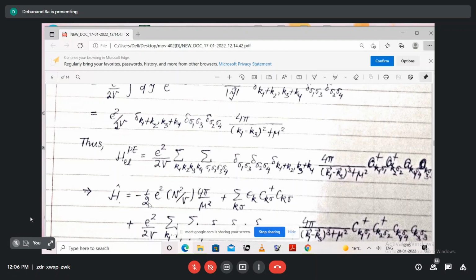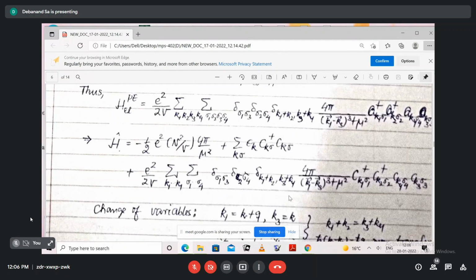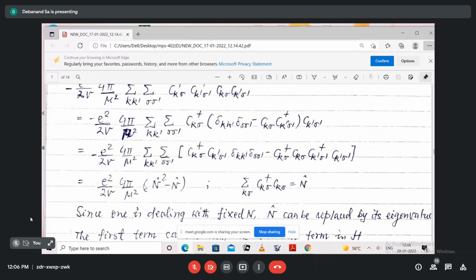So then what I did was, I changed the variable of this, and then I wrote it down properly, and then I took the q equal to 0 part. And q equal to 0 part का एक term इससे cancel हो जाता है. That is n square minus n है वहाँ. I'll show you. So see, this n square, e square by 2 n square by V, 4 pi by mu square.